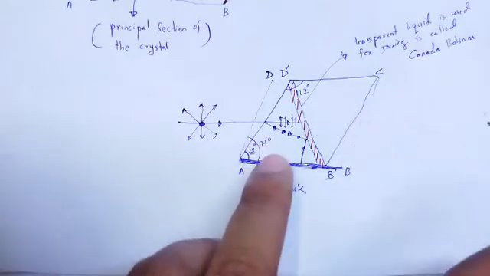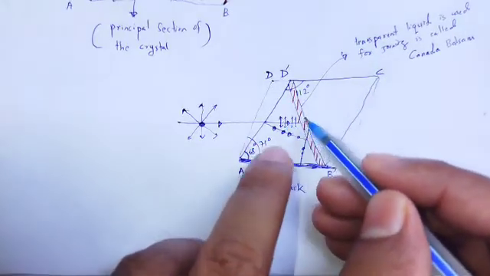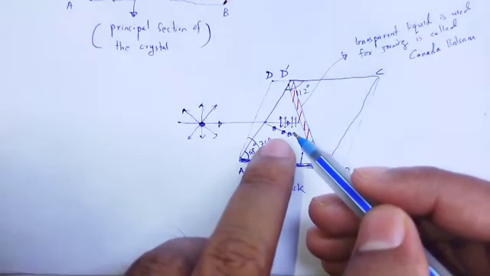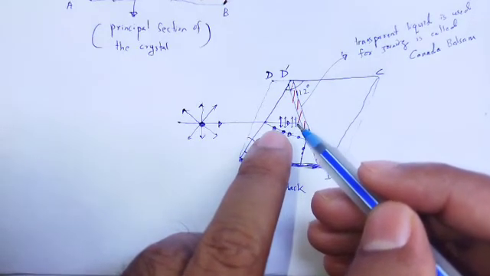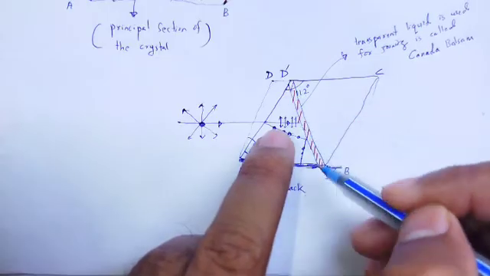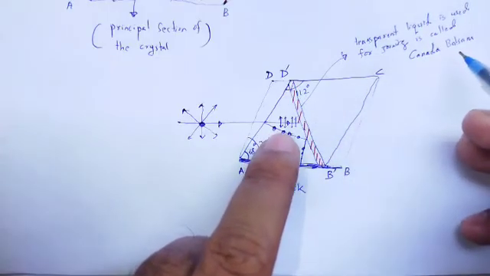And here the refractive index of the E ray is lower than the refractive index of Canada balsam.